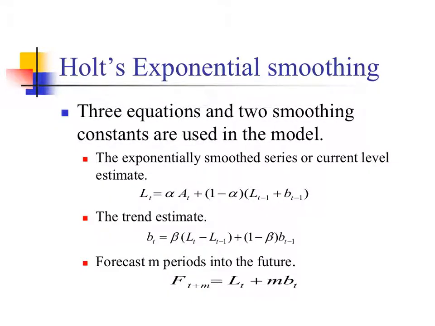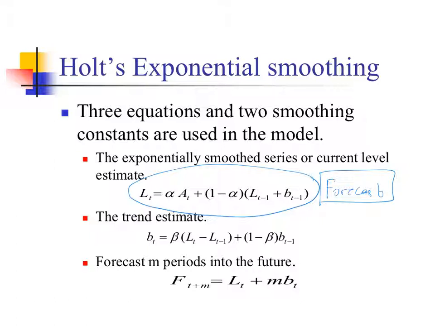So in Holt's exponential smoothing method, we have 3 equations and 2 smoothing constants. The exponentially smoothed series, or current level estimate, is the first estimate, the forecast for level. When we say forecast for level, that's a forecast without thinking that there is a trend. You may think of this as the first step of simple exponential smoothing.